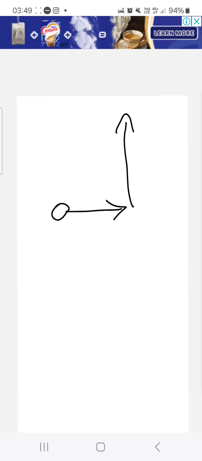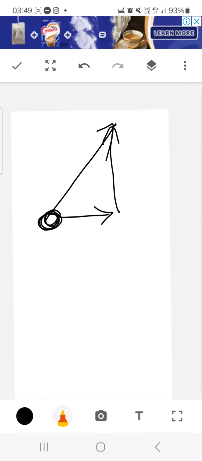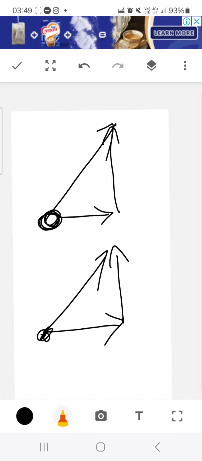Or the most important bit that always works, even if the vectors are in odd directions, is that from the tip of this vector, I draw the tail of my second vector, and the resultant will always go from the tail of my first vector to the head of the second vector. So it's always drawn like this. The tail starts at the arrowhead, and the resultant is from the tail to the arrowhead.